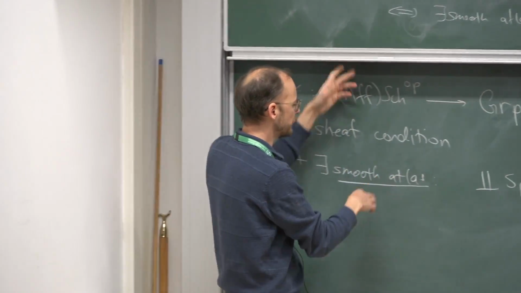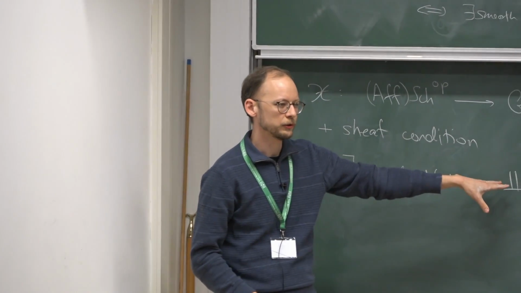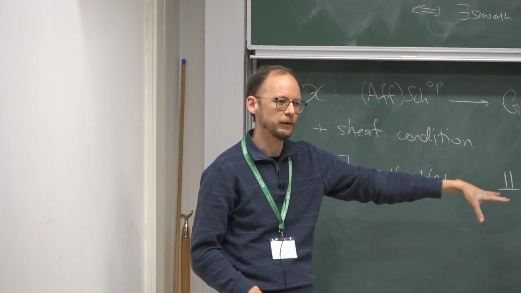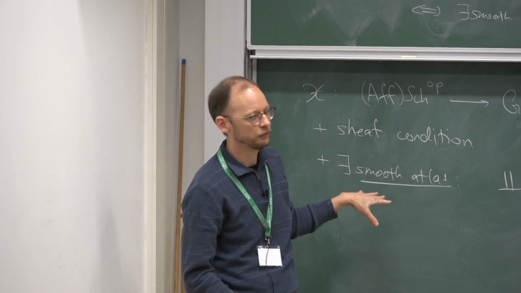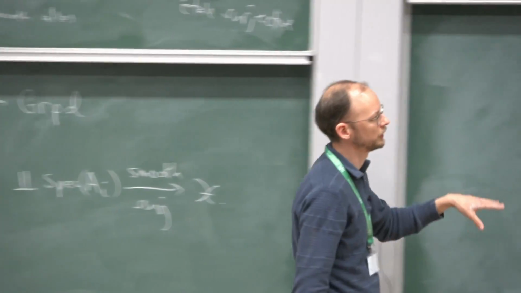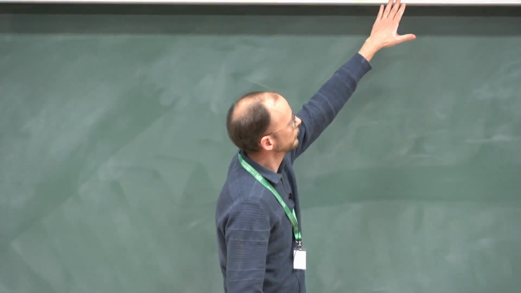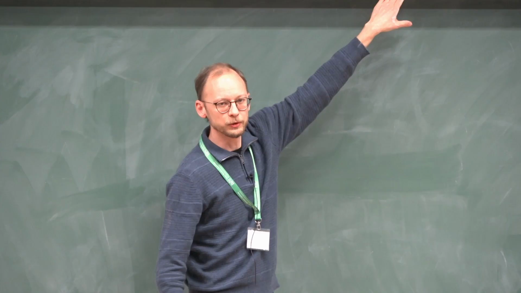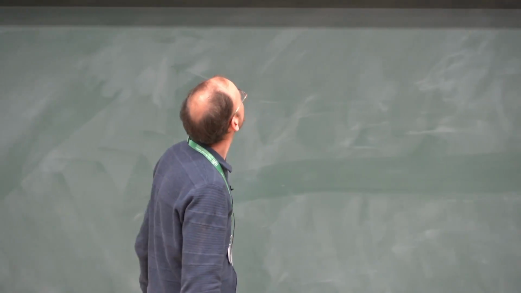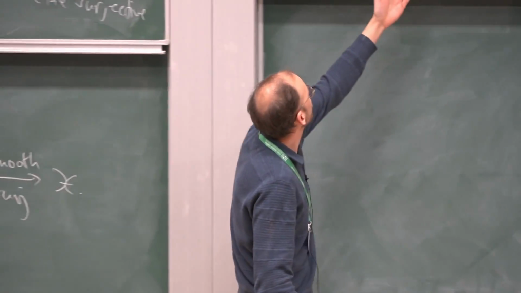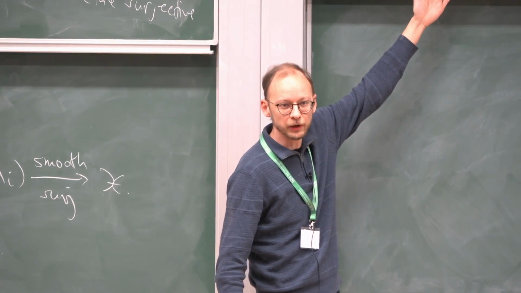But here there's a difference. To accommodate infinite stabilizers, you have to have a smooth atlas. If you're just happy with finite stabilizers, you can do an étale atlas. And this is an example of an étale atlas. It's not merely smooth, but it's étale.